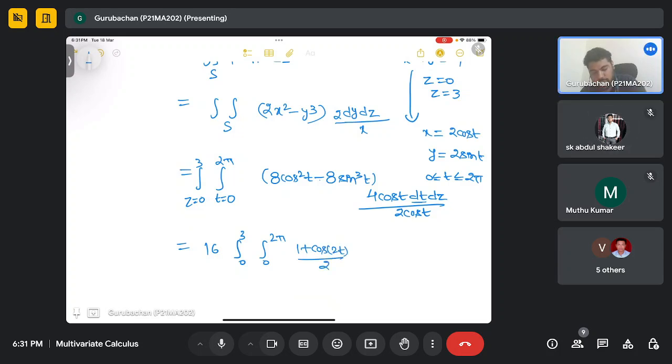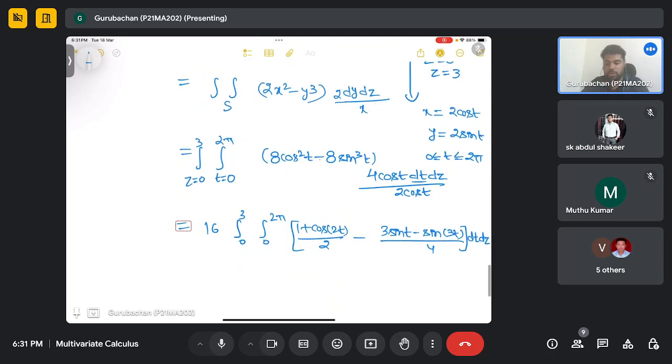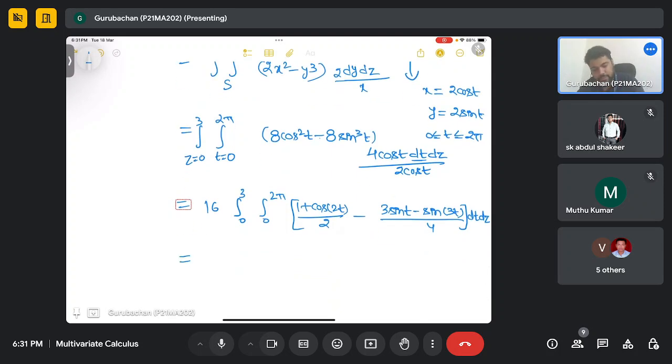And this sine cube t can be written using the sin 3t formula: sin 3t is 3 sin t minus 4 sin cube t, so sine cube t is 3 sin t minus sin 3t divided by 4. So this will be dt and dz, and we have already arranged all the constants as 16.